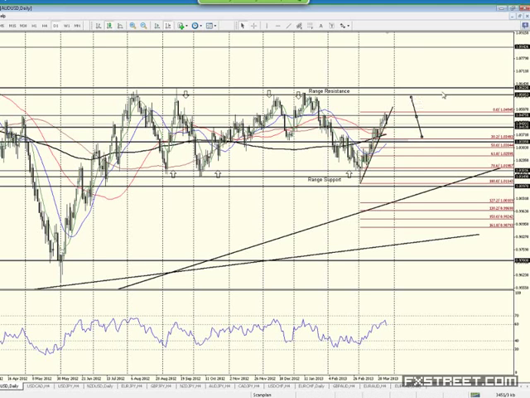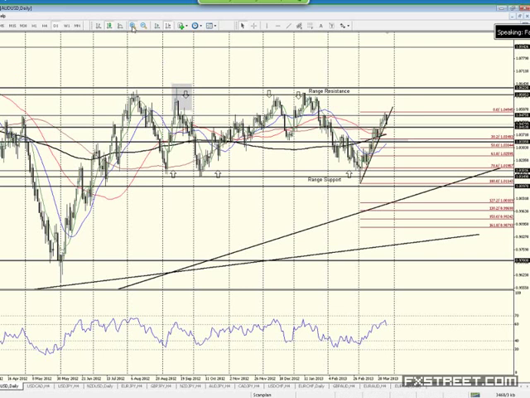So if it does get up to 1.06, for example, you could look for a short. Down here, it was a little more violent than some of these other tests of our range, support, and resistance. But look, it was very similar to this one, wasn't it?